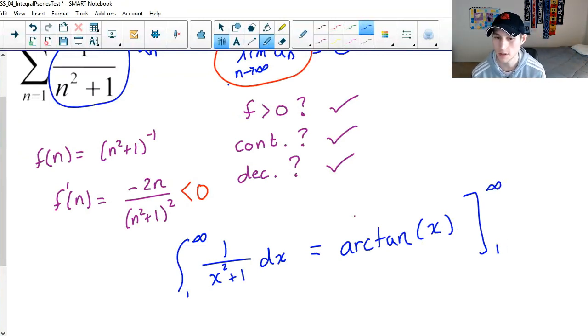Okay, that's just the 2. Yeah, that's just the setup for arctan. Right, the x squared plus 1.